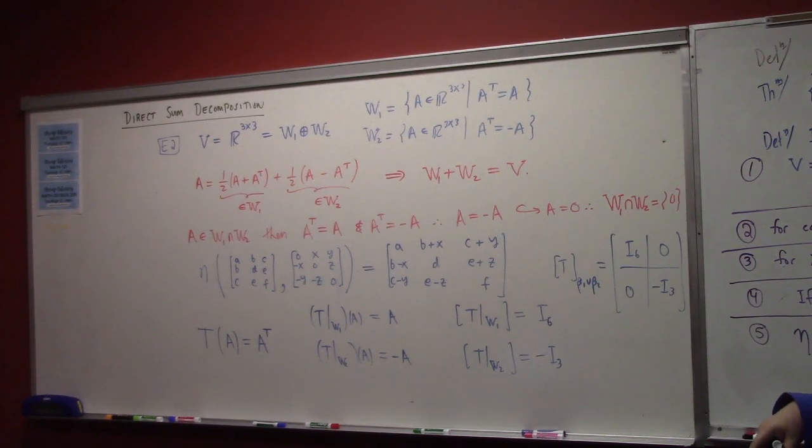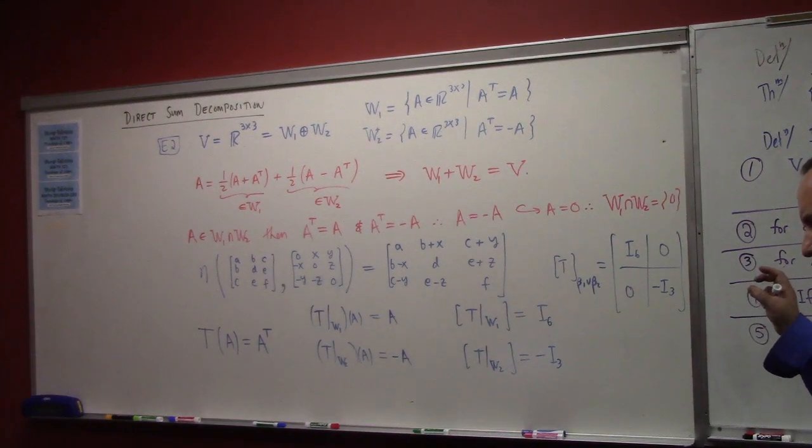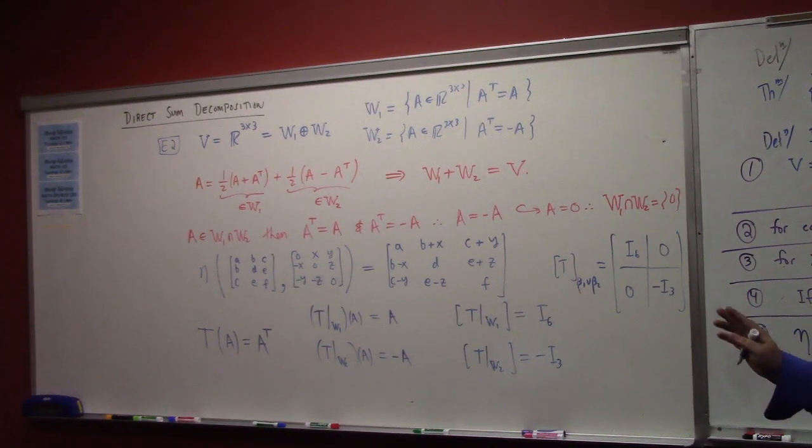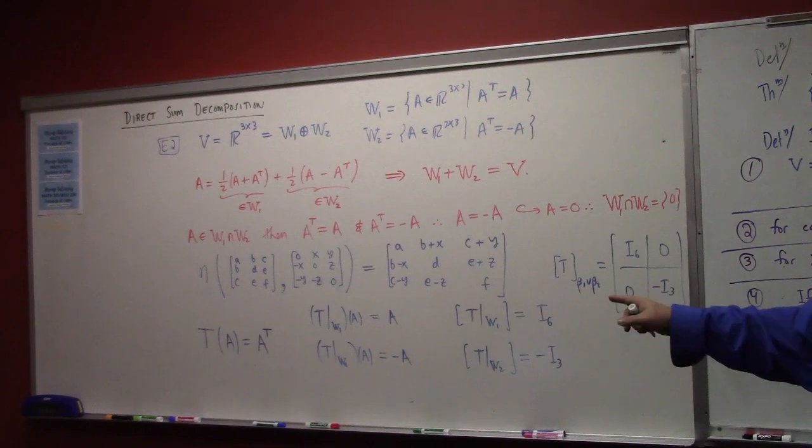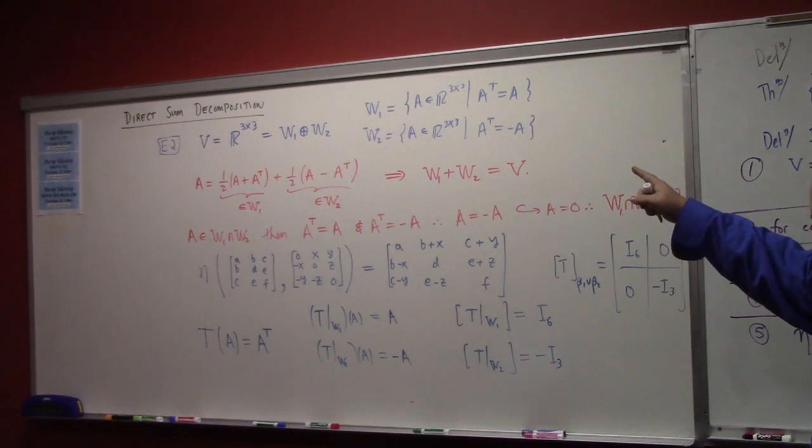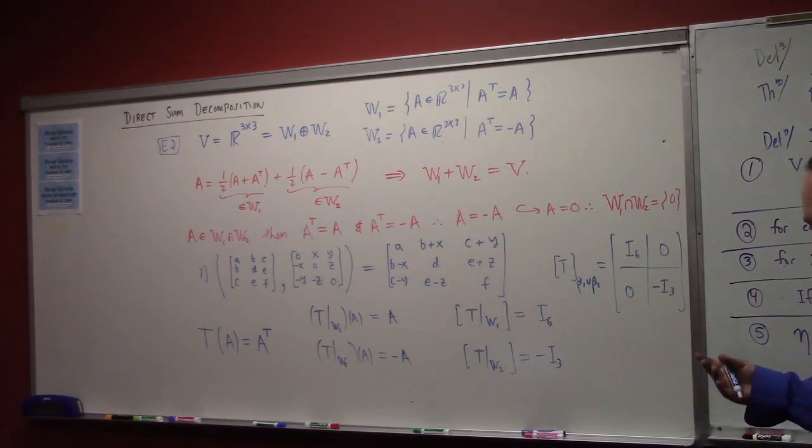So the matrix of the identity transformation has to be the identity matrix, and the same is true for minus. Of course, we could pick a basis for W1 and a basis for W2 and sort through it, but we don't need to.